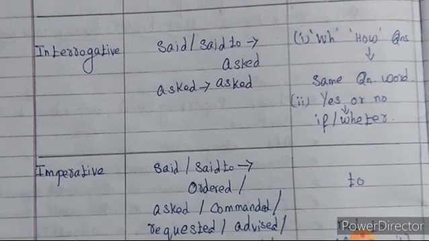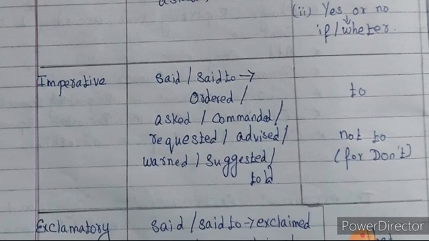And the third type of sentence is imperative. For this imperative, if it is mentioned in direct speech as said to or said, you have to convert the reporting verb in indirect speech as ordered, asked, commanded, requested, advised, warned, suggested or told.